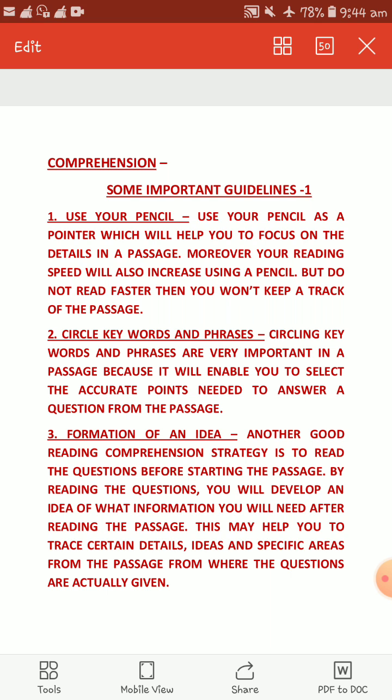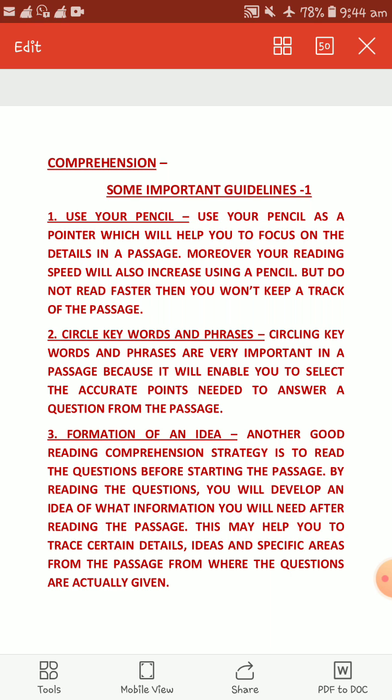Another important thing is that with that pencil, while you are reading the passage, it is important that you circle the key words and phrases, because that will enable you to select the accurate points to answer a particular question, whether subjective, objective or MCQ, related to the comprehension passage.